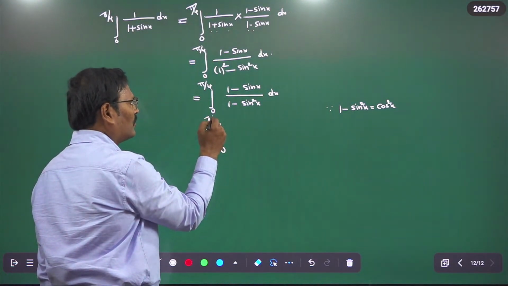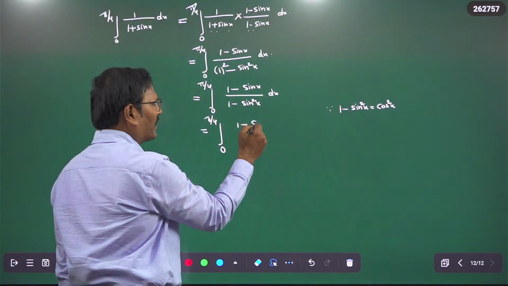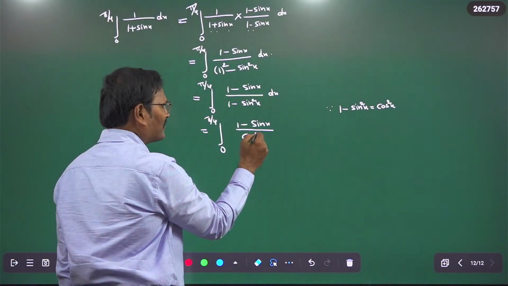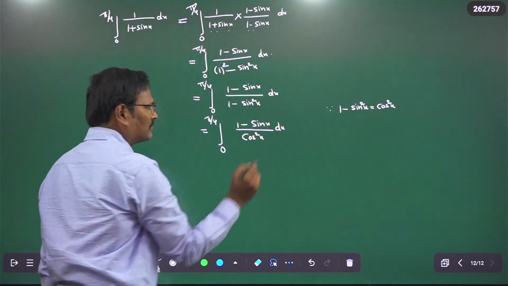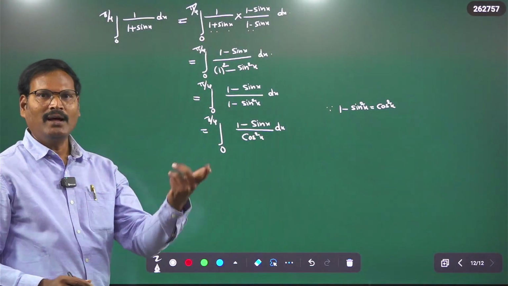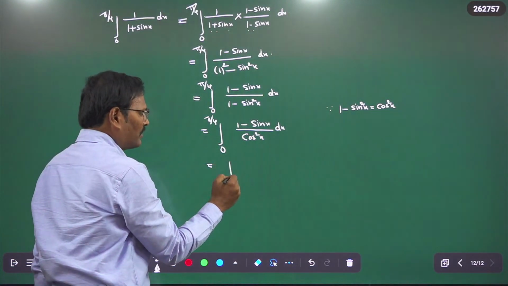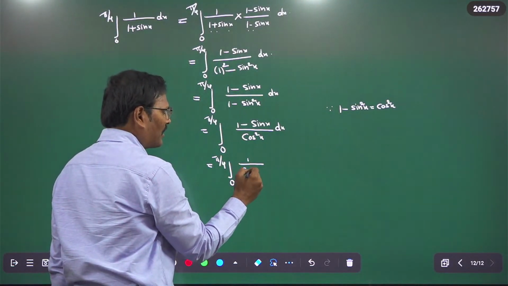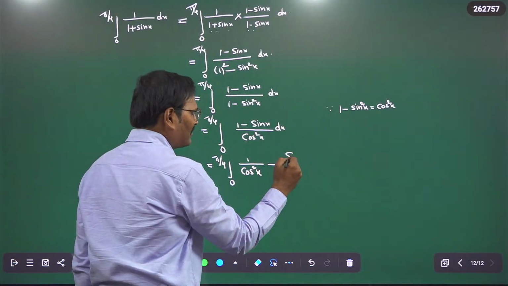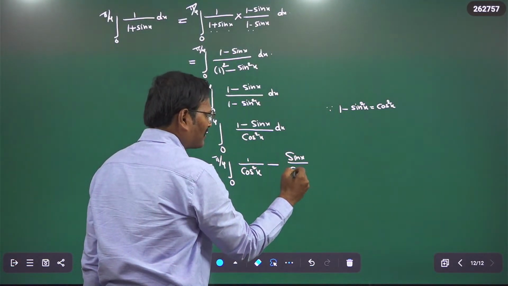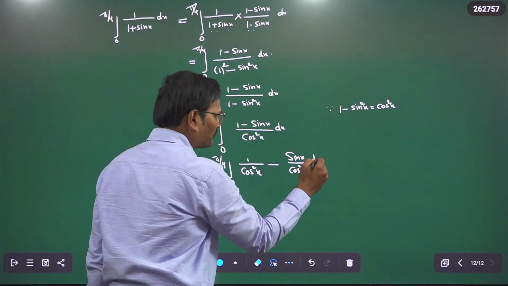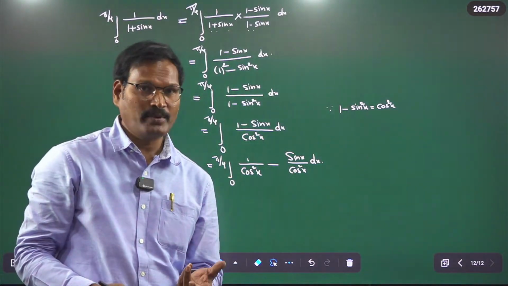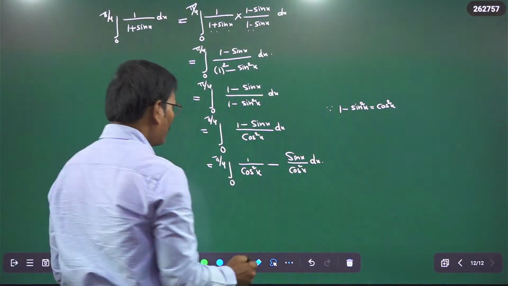Integral 0 to pi by 4, 1 minus sin x by 1 minus sin square x, which means cos square x. Now I am splitting the integration. Integral 0 to pi by 4, 1 by cos square x minus sin x by cos square x dx. 1 by cos square x can be written as secant square x, no?